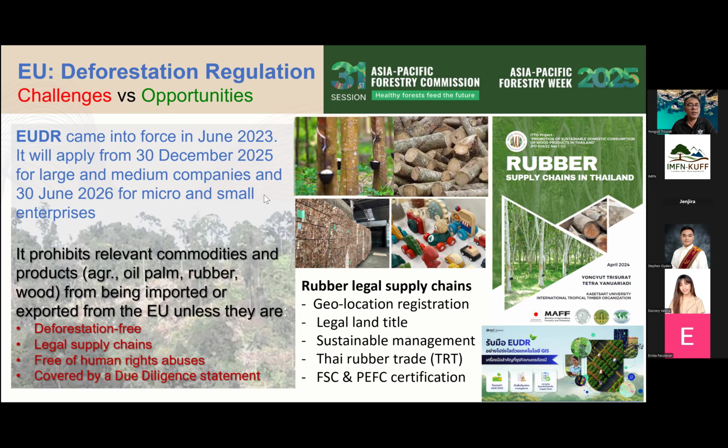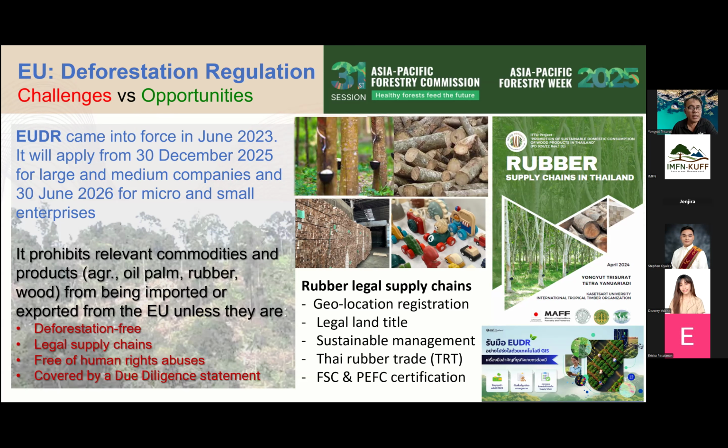This one is come to enforce. I think last November. So it prohibits all relevant commodity or agricultural product, including the forest production, like agriculture, oil palm, rubber, or wood, or the processed product.